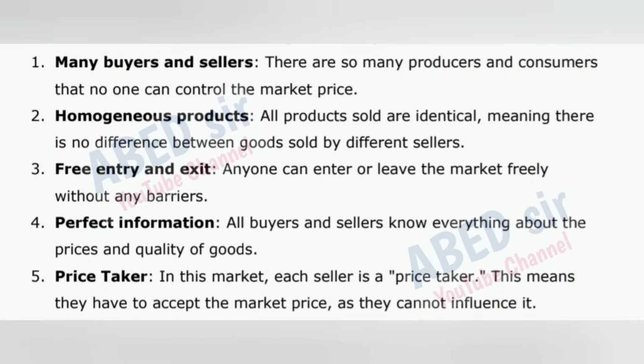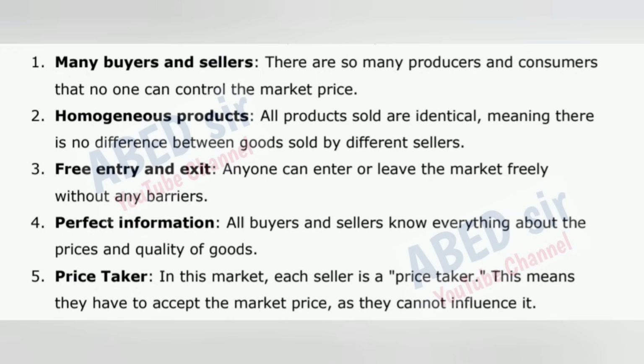There are so many producers and consumers that no one can control the market price. 2. Homogeneous products. All products sold are identical, meaning there is no difference between goods sold by different sellers. 3. Free entry and exit. Anyone can enter or leave the market freely without any barriers.